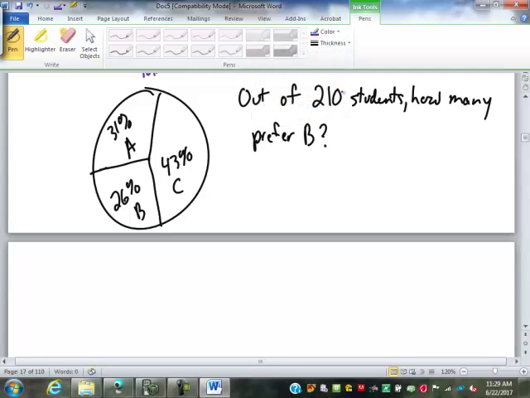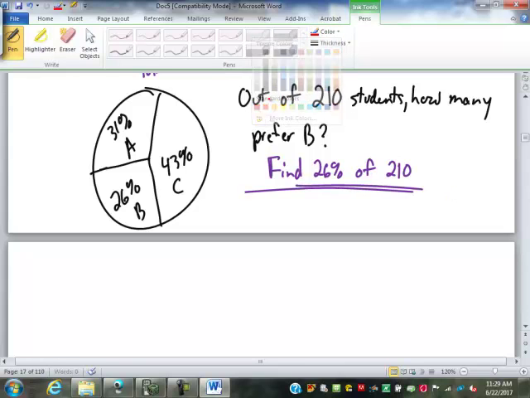What that's asking us to do is just find 26% of 210. Now, we haven't done percents yet. So the shortcut here, the quick and dirty way, is just going to be 210 times 0.26.